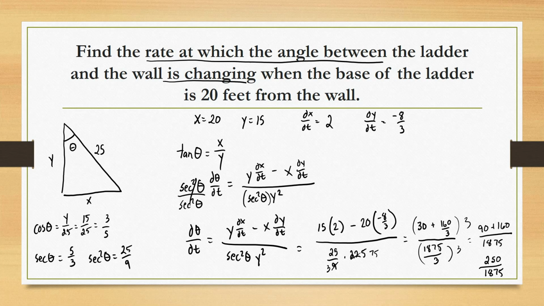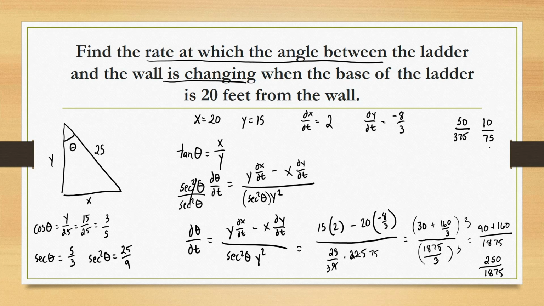So let's do 250 divided by 5 is 50, over 1875 divided by 5, which is 375. Still divisible by 5, so 50 divided by 5 is 10, over 375 divided by 5, 75.